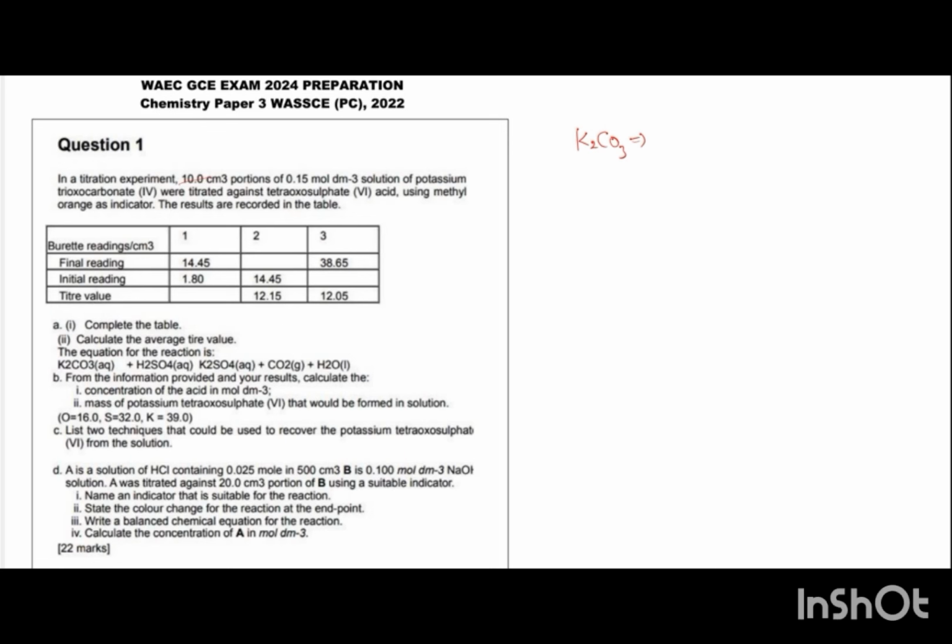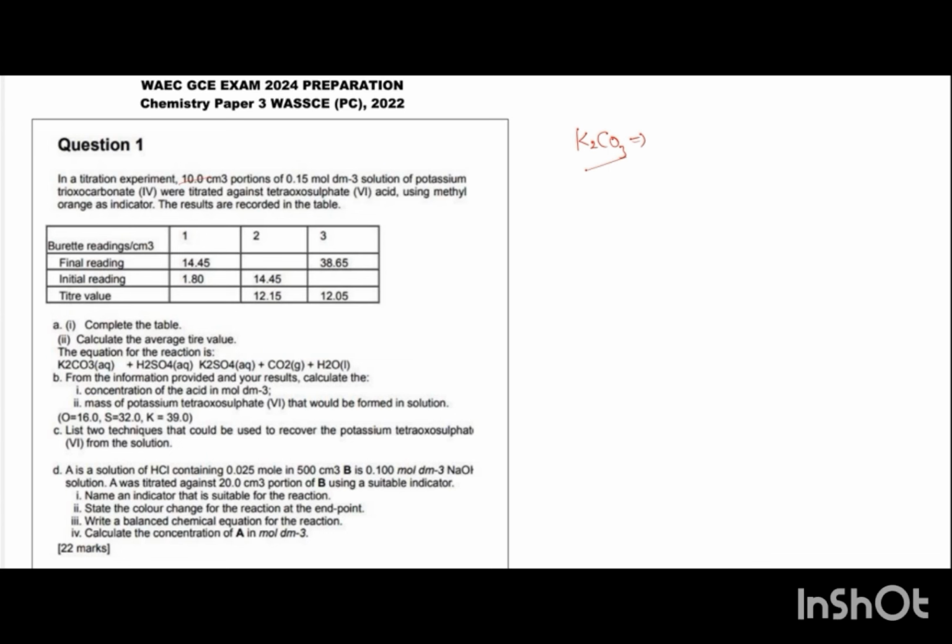It is actually taken as a weak base, because it has a pH that is very close to 7, around 10, 11.